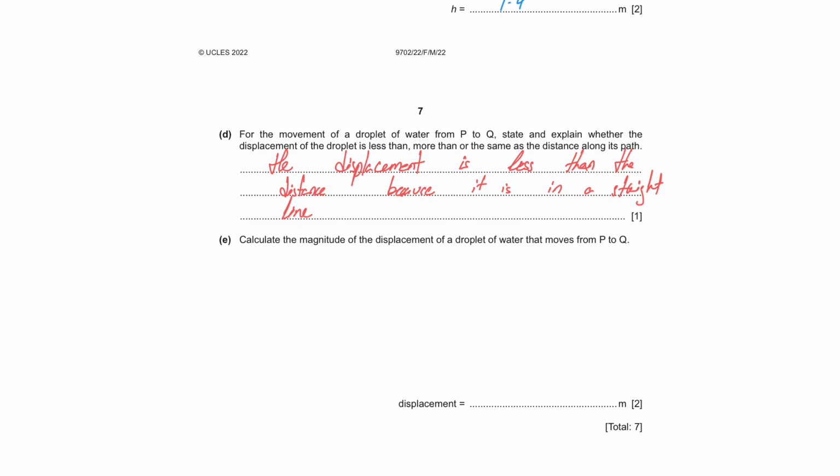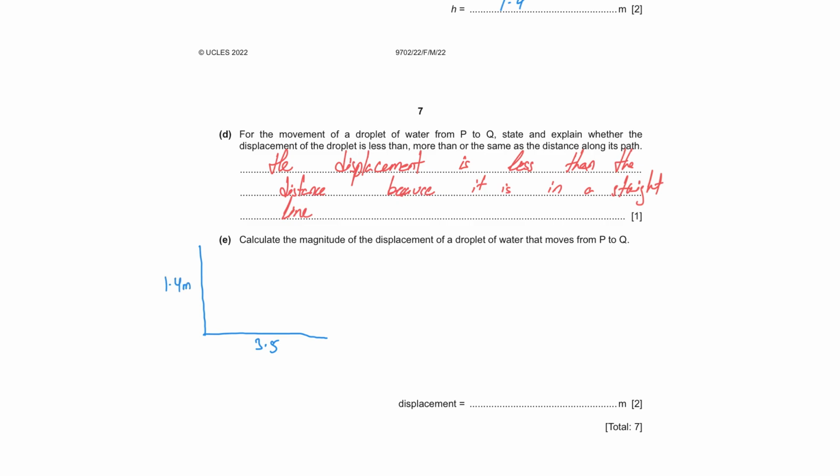Part E says, calculate the magnitude of displacement of a droplet of water that moves from P to Q. So for a droplet of water, it travels a horizontal distance of 3.5 meters. It travels a vertical distance of 1.4 meters.